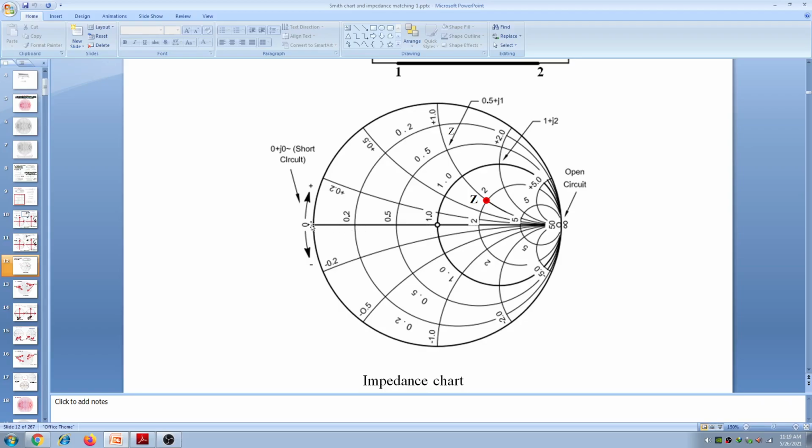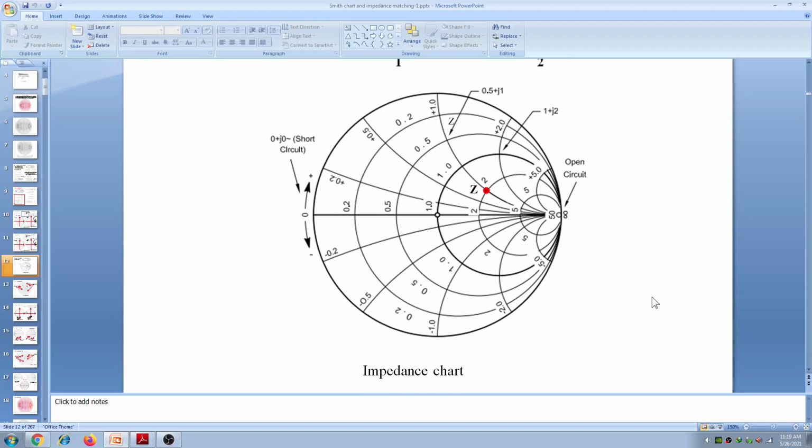Similarly, this way. So the overlapping of resistance circles and reactance circles looks like this. So this is about the impedance values, resistance and reactance.